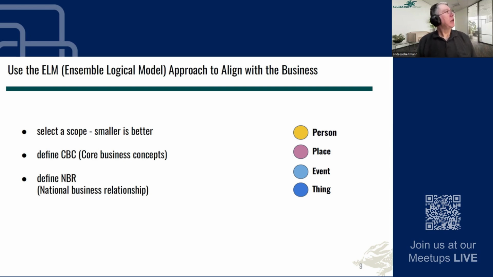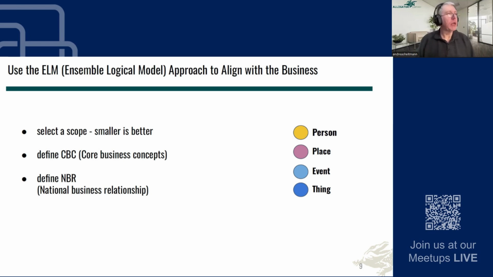Okay, now I'd like to make a short introduction of the ELM approach. If you're really interested, then you can go into depth. It's an idea from the Genesee Academy, from Hans Hultgren, for example, which I think was invented together with Data Vault in one way.